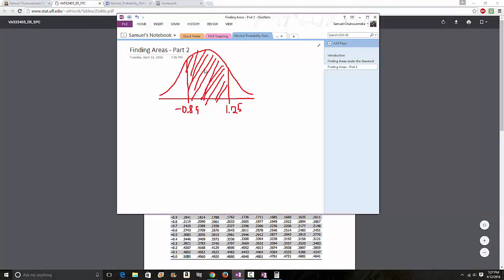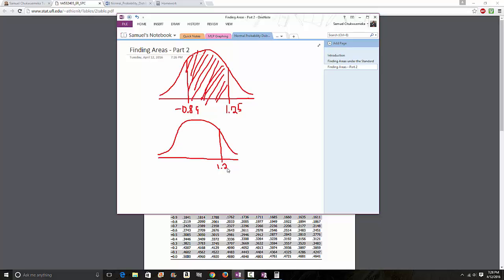Now, this is the way you do this. Let's visualize it. I have 1.25 here, and this is the table they gave us. All these are shaded, 1.25. You will see that this area here is this area minus, then I have negative 0.89.